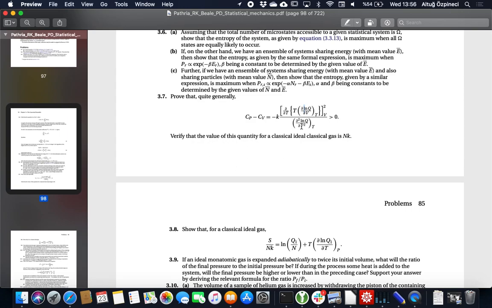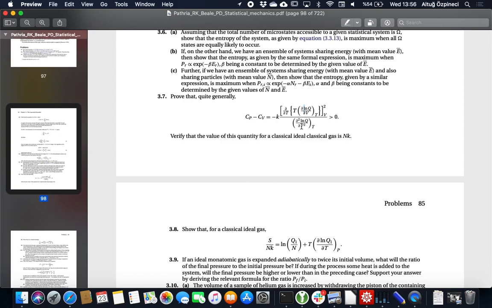So essentially what we will be doing is making a change of variables. In Cp, the variables we are considering are P and T, so we are taking the derivative with respect to T at constant pressure. And all the other terms in that equation are derivatives with respect to temperature, but at constant volume, not at constant pressure.